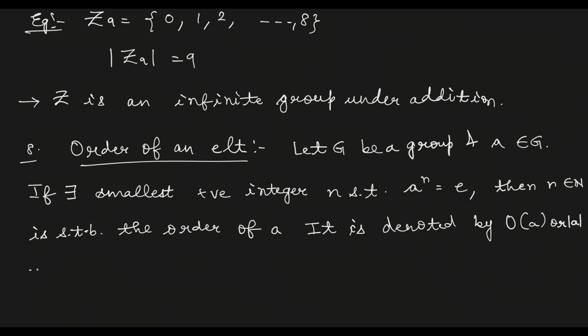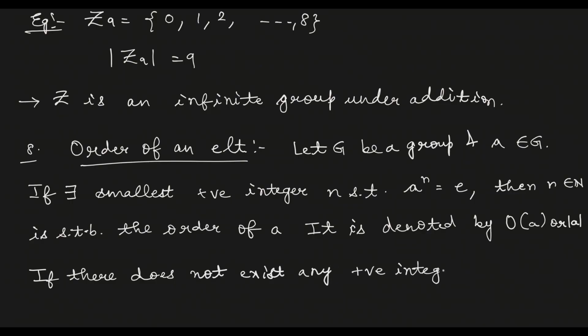If there does not exist any positive integer n such that a to the power n is equal to e, then we say the order of a is infinite.